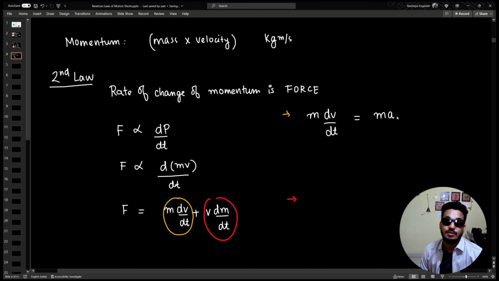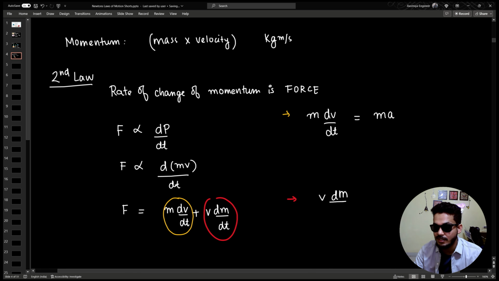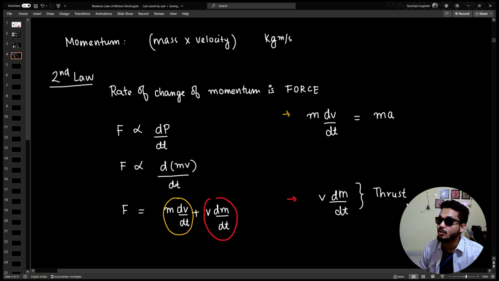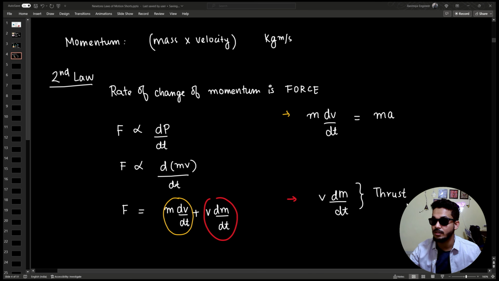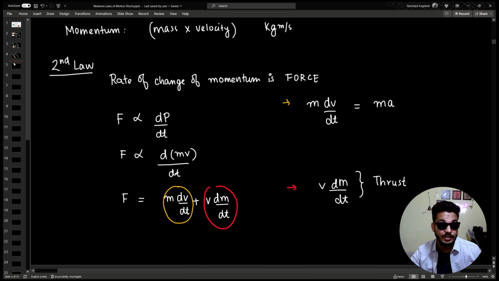If someone asks us what is Newton's second law, there's a tendency to say it's mass into acceleration, but it's not. It's only half of the equation, because the other part is v into dm by dt. This is known as thrust, and this is what pushes our rockets in the forward direction. Now when rockets fly in space, they use something called thrust.